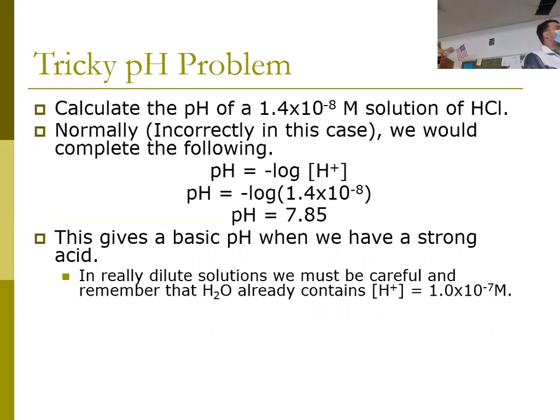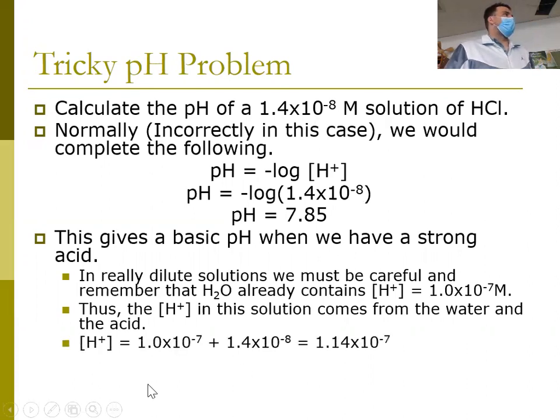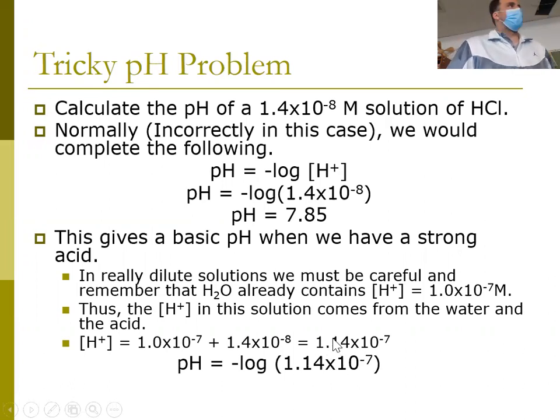So I know that the hydrogen concentration is 1.0 times 10 to the negative 7. So to find the real pH, you have to add the 1.0 times 10 to the negative 7th plus the 1.14 times 10 to the negative 8th. This is the concentration from the water, and this is the concentration from the hydrochloric acid. So now when you find the pH of your new total, it's just slightly acidic, okay?